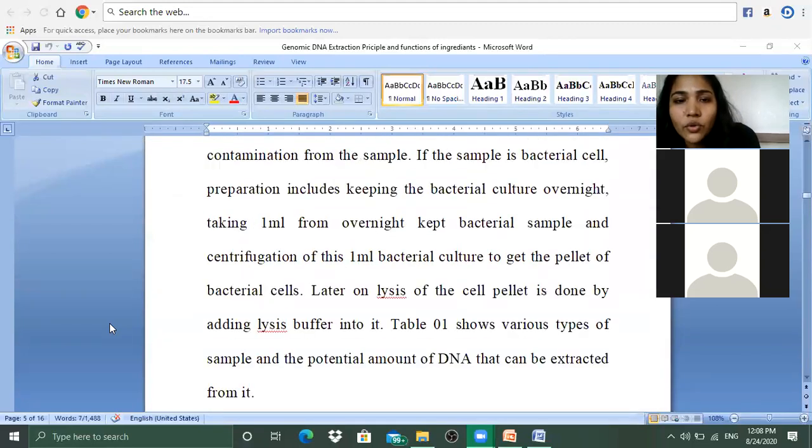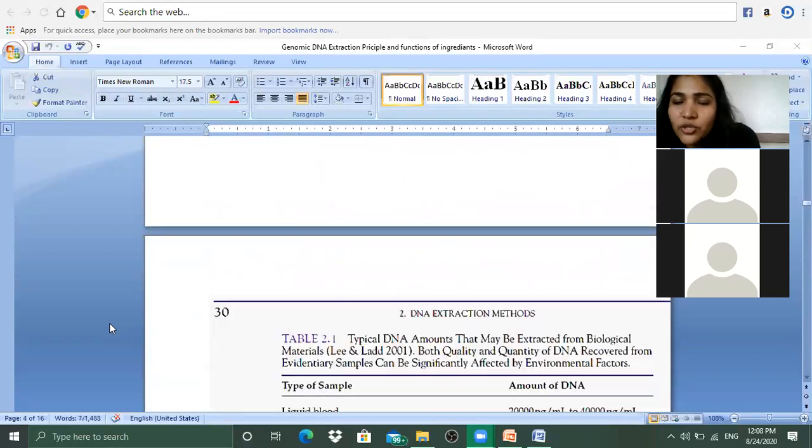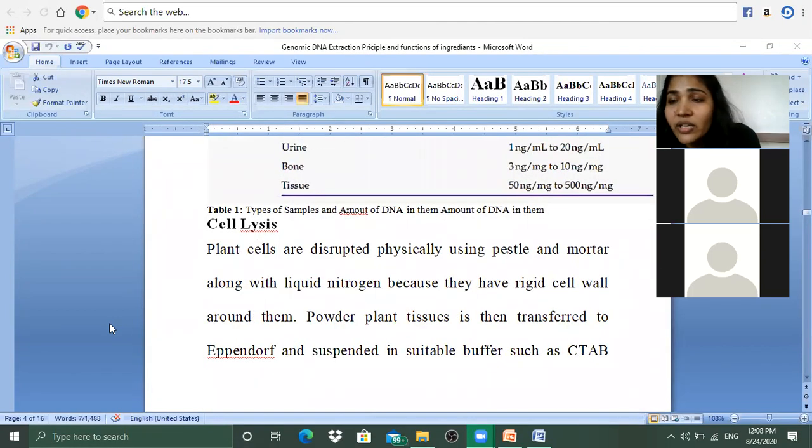The sample preparation mostly involves having a pure sample, pure in the sense of nicely washed, less contaminated. In case of bacteria, you have to take a little bit of care, and the same is applicable for animal or mammalian cell culture also.